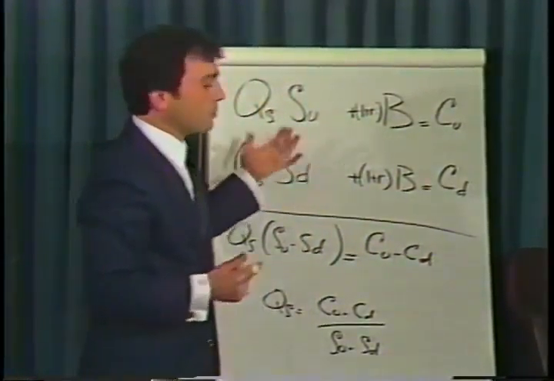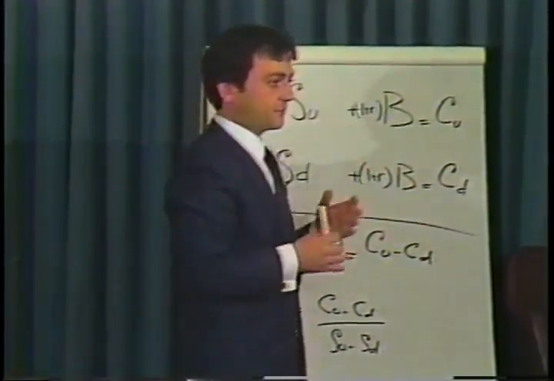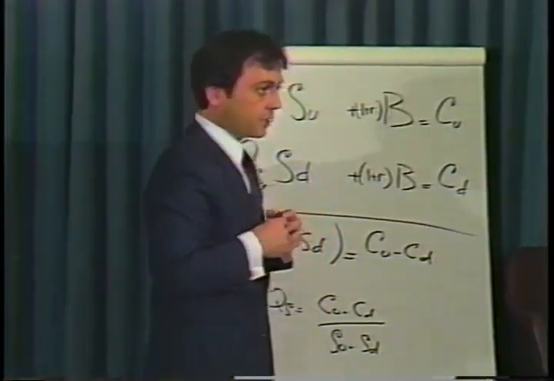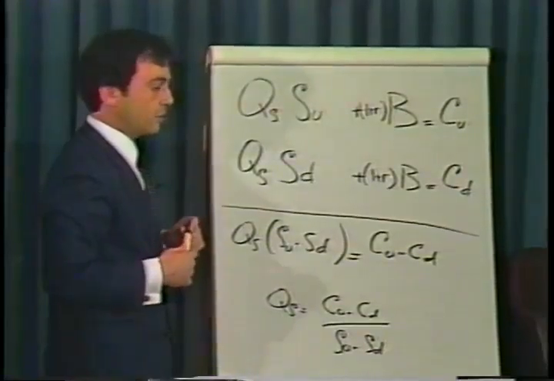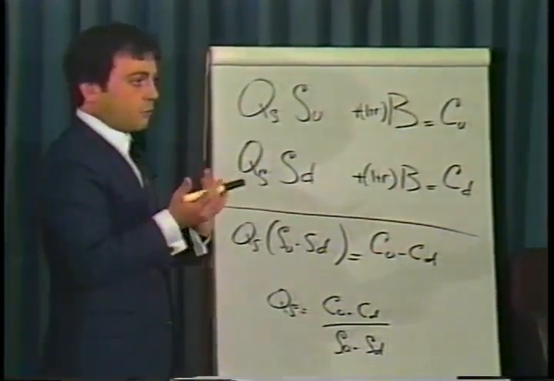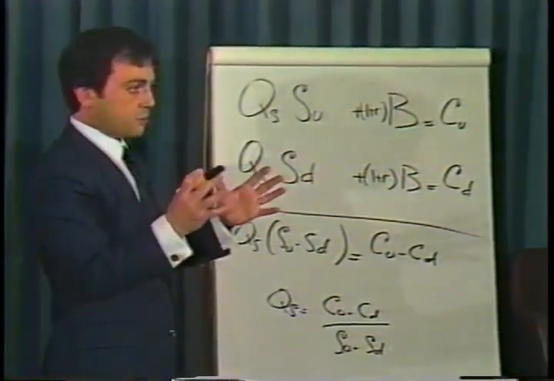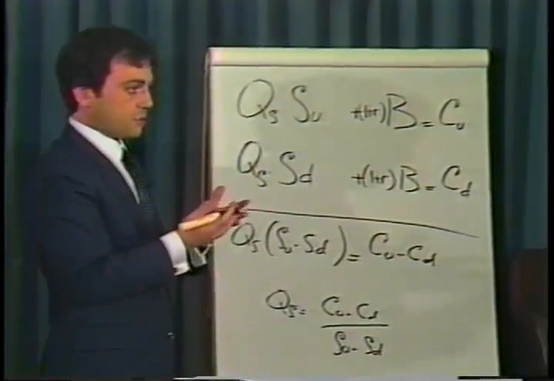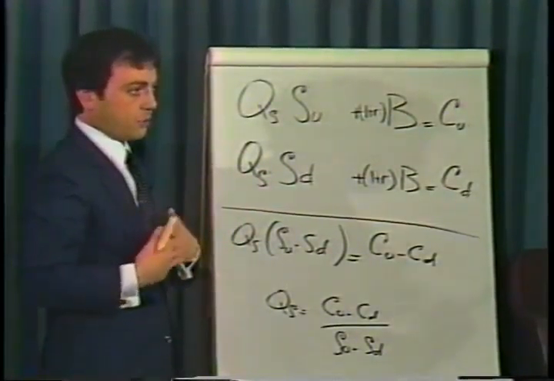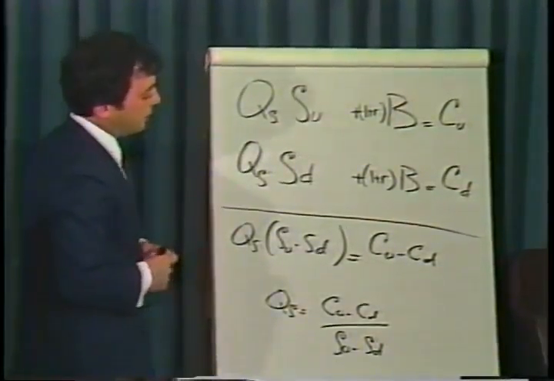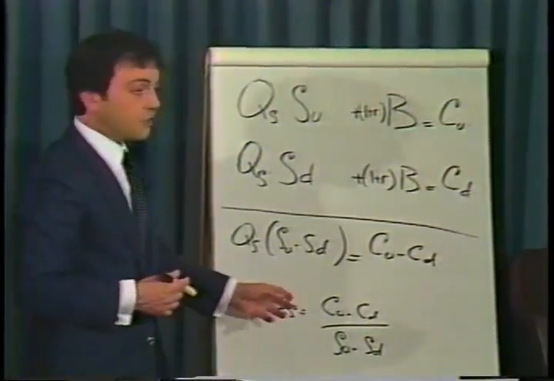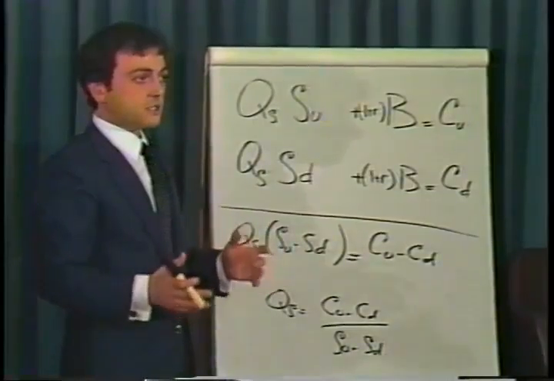You can solve it, and it will turn out to be a negative number because that's borrowing. You're short the bond. But we put it as B when we do it algebraically. If it is plus, that means we're long the bonds, and if it's minus, we're short the bonds, which means borrowing. Okay? So this is the essence of delta hedging.